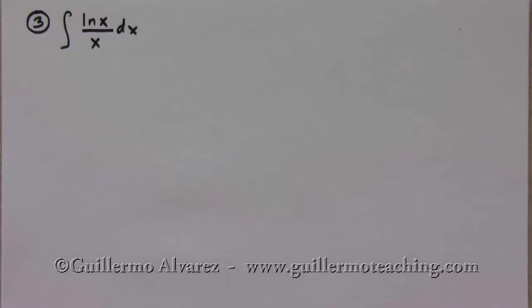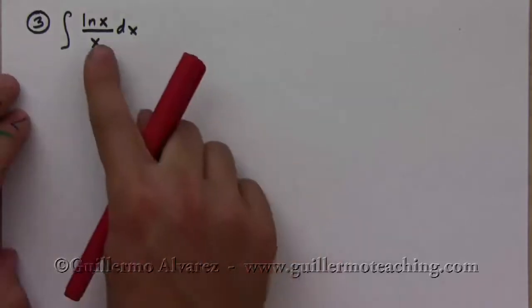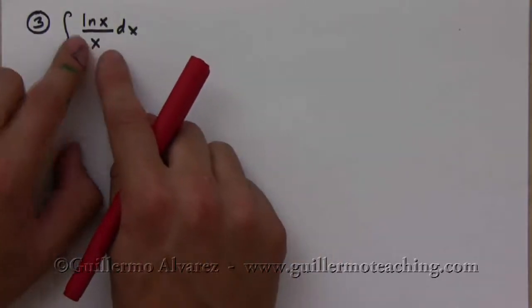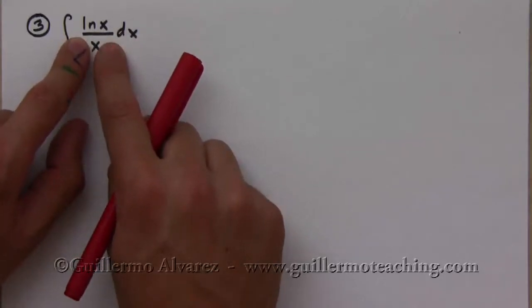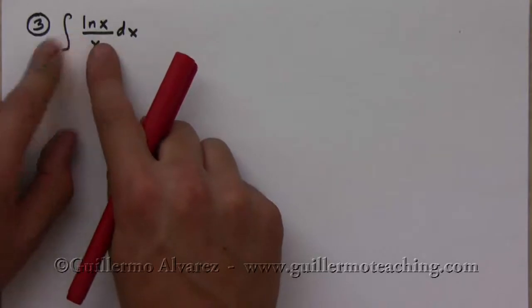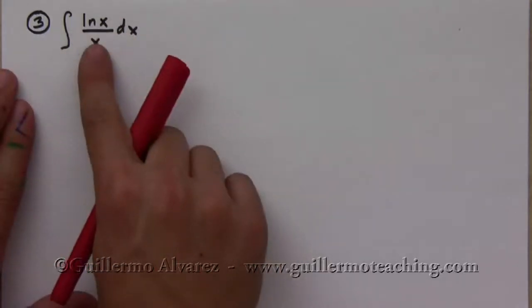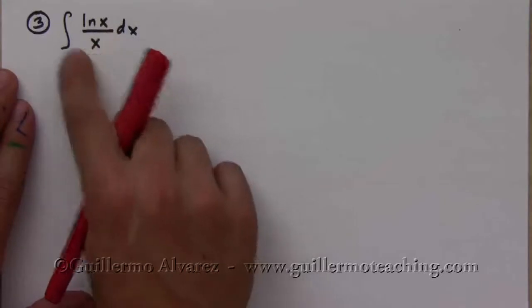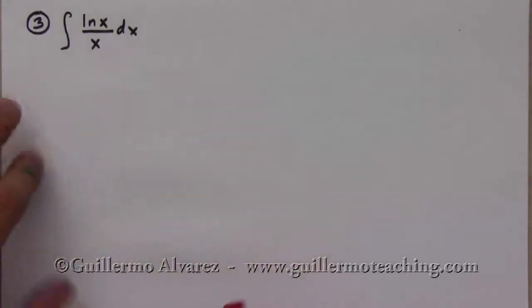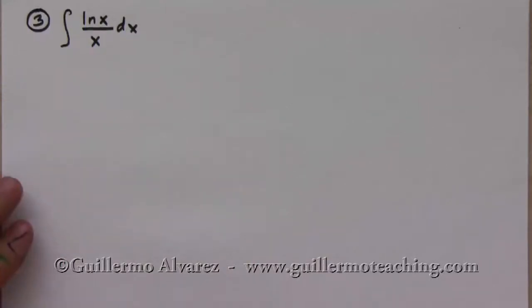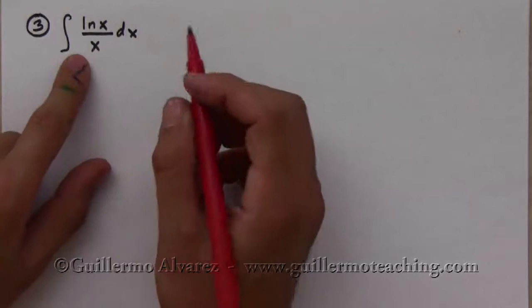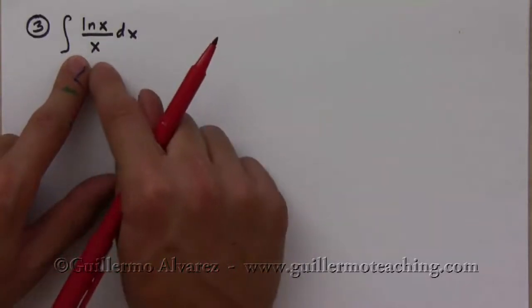Now remember, what tells you to use substitution is that you see a function in here, and if you can find its derivative also inside, and that takes care of all the parts of the integral, then that means it's probably doable by integration by substitution. And that's what you're going to let u be, whatever it is that you can find the derivative for.